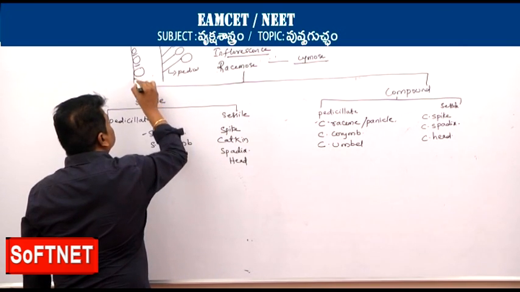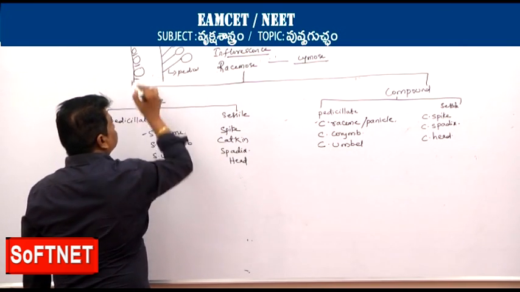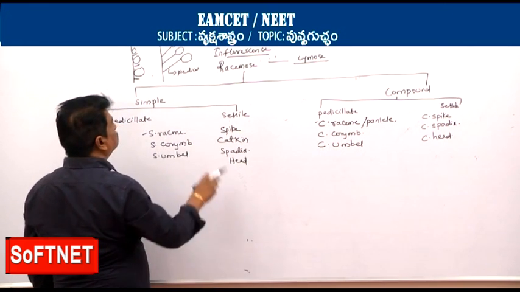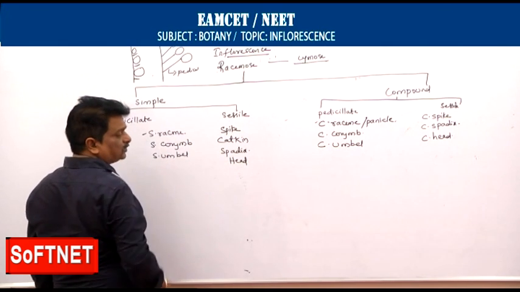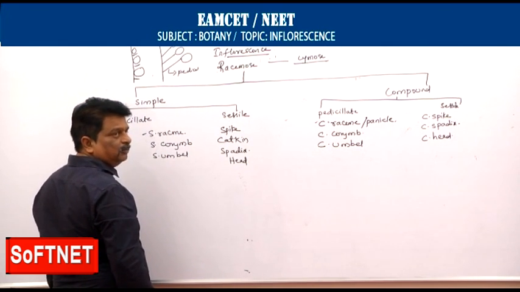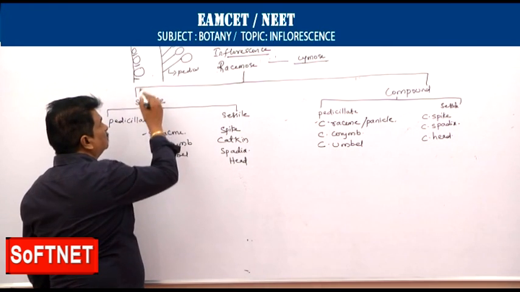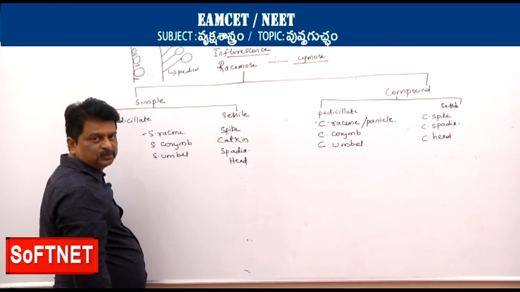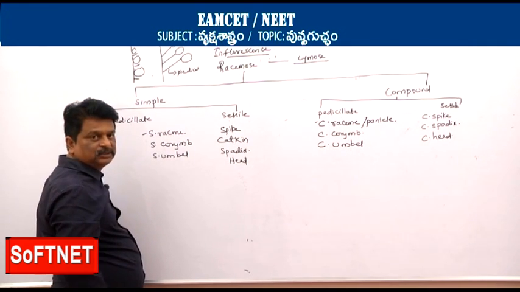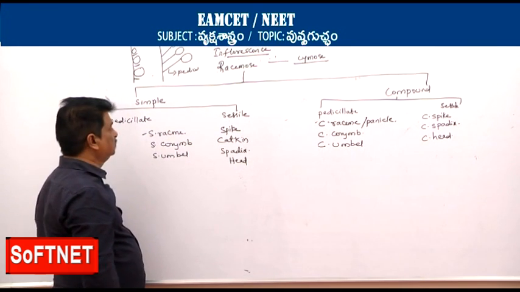Like simple raceme, here also the peduncle shows indefinite growth. The peduncle is unbranched, but it produces flowers without pedicel, called sessile. Examples for simple spike: one is Amaranthus and the second one is Achyranthes.